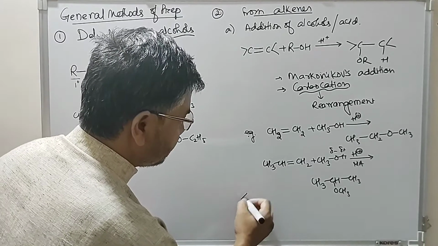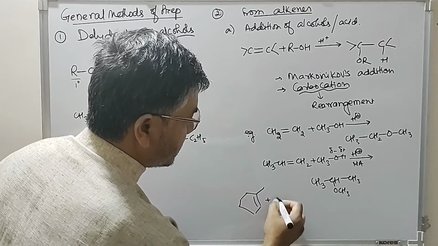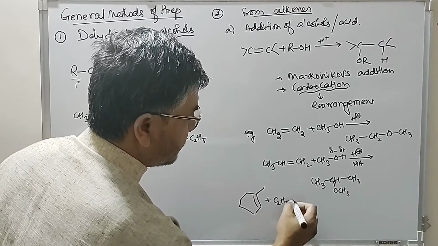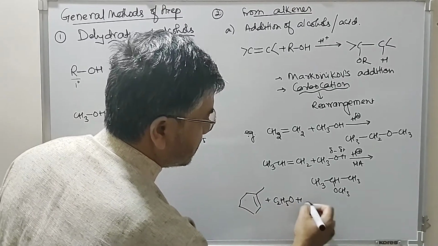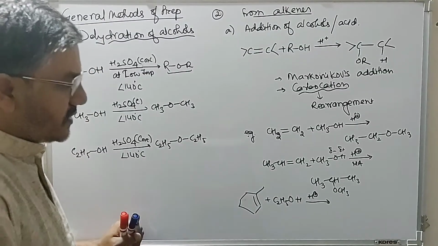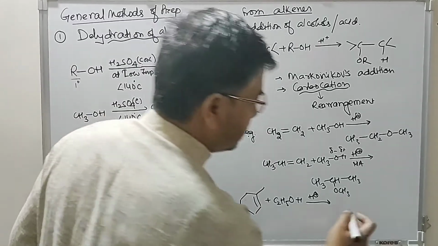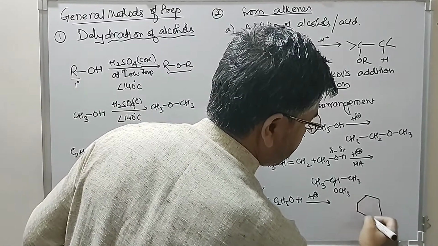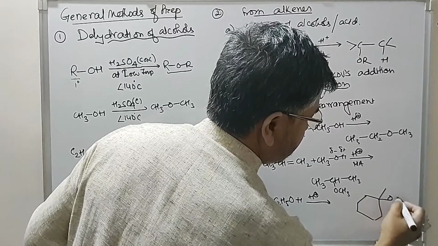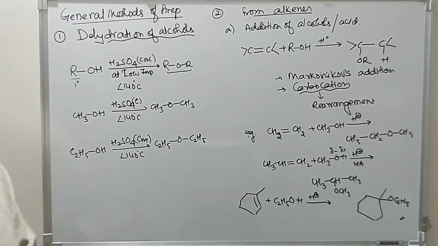Or take this. Suppose we have this alkene. This reacts with C2H5OH in presence of mineral acid. So look at this. Again, this will follow Markovnikov's addition. So this is the major product that is formed.